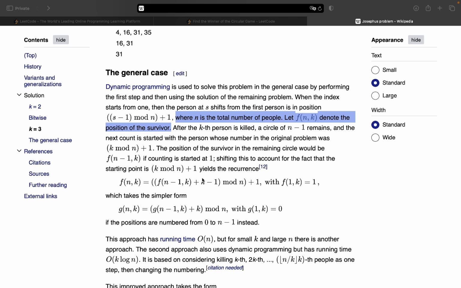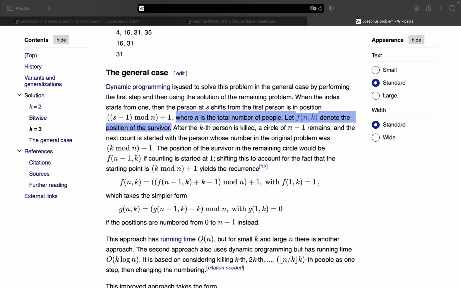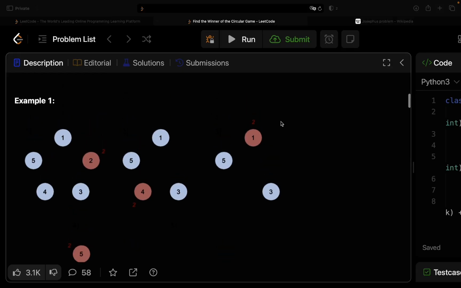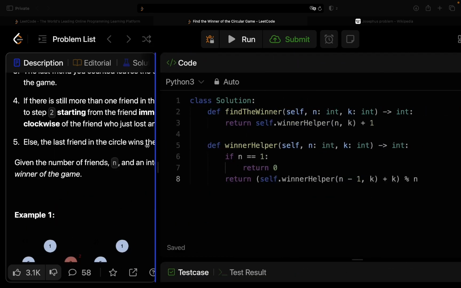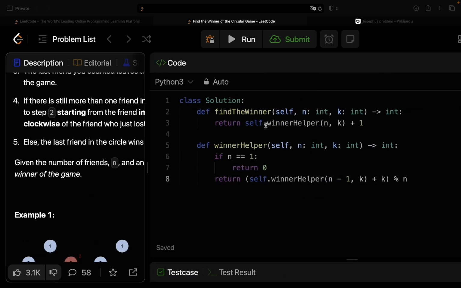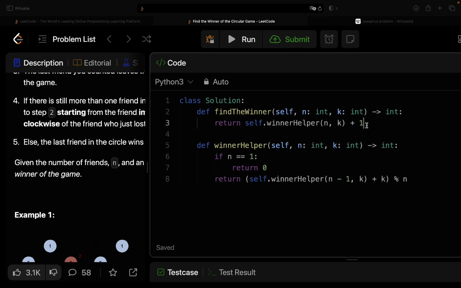So to solve this problem, we can use recursion. So let's see the coding part. We are calling the function, and we are adding this one for the initial person. So it will be the winner helper function. If n is equal to 1, we are returning 0.